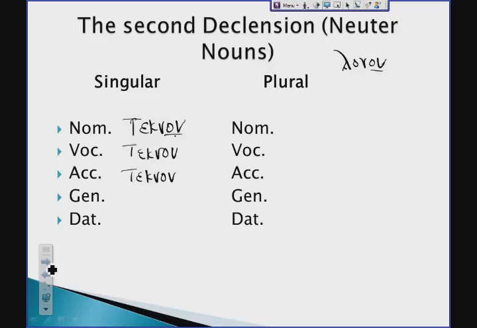Yes, still the same. And what will be the genitive? Is that so? Yes. And then what is the dative? Tekno.